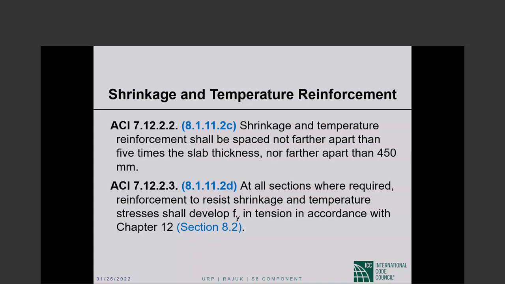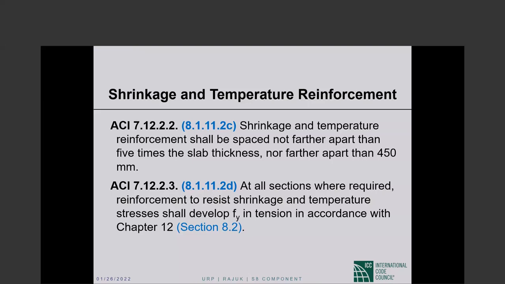At all sections where required, reinforcement to resist shrinkage and temperature stresses shall develop full yield strength in tension in accordance with chapter 12.